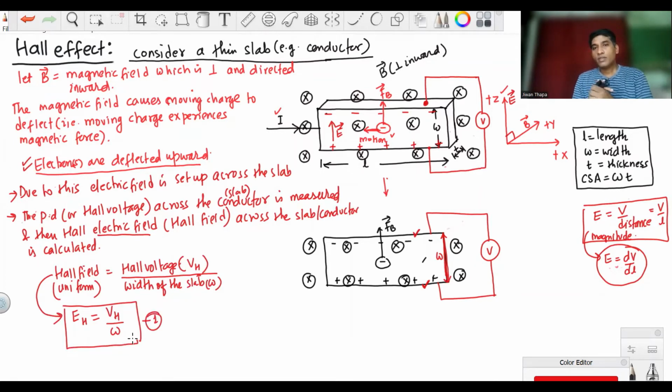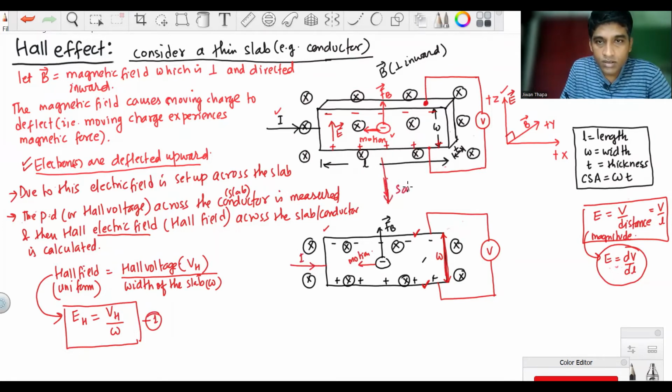Now if we look into this figure, the electron is having motion along this direction because current is flowing along this direction. It is the same figure. Now we find that the electric field is acting along this direction.